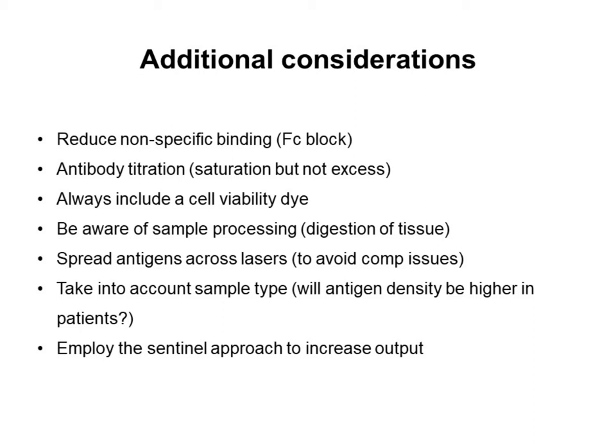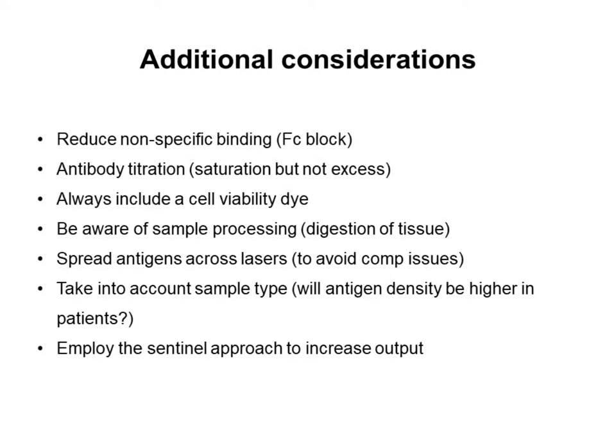Of course, be aware of your sample processing; digestion of tissue will affect the expression of your markers. One strategy is also to spread the antigens across different lasers to avoid compensation issues. And I think these are some of the things people are doing quite well now.